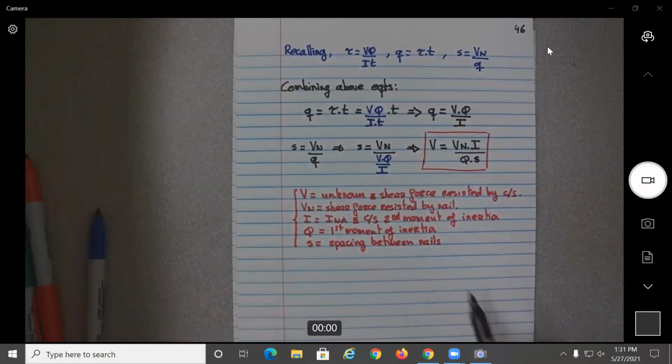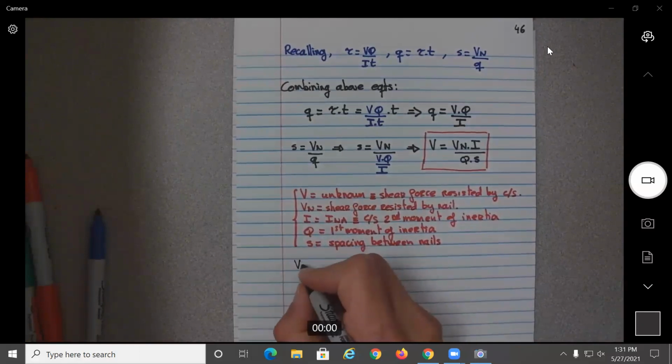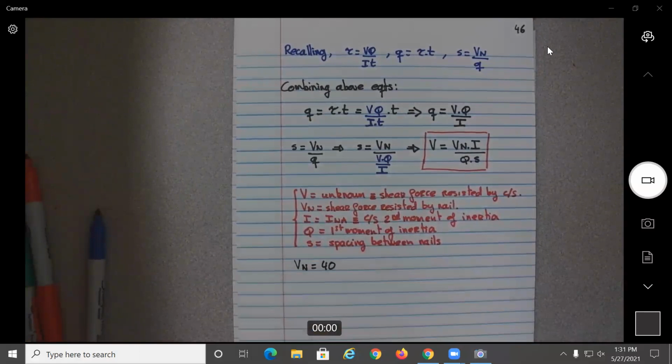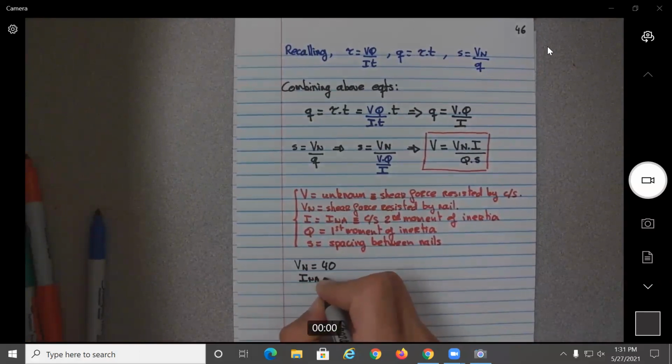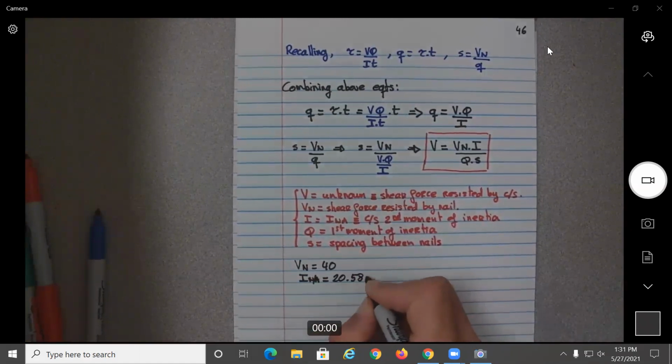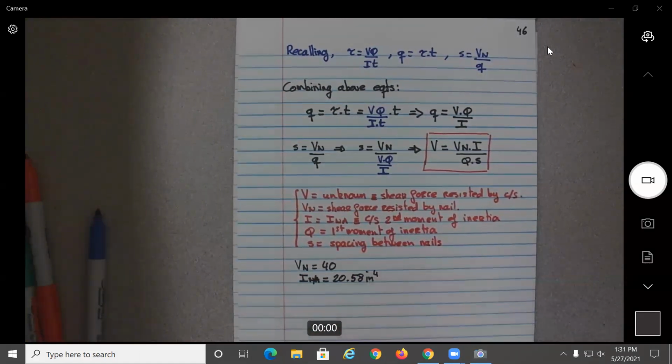Okay, so in our problem, what do we know? We know V nail is 40. We know I of the neutral axis, which we just calculated, is equal to 20.58 inch to the fourth. And we know the spacing, in this case given to us, is 9 inches.